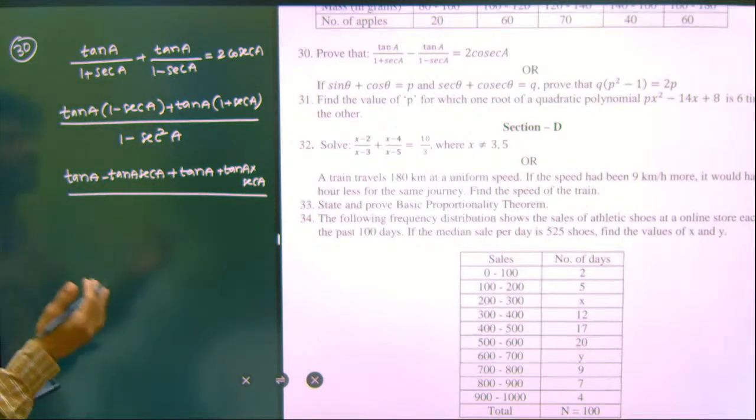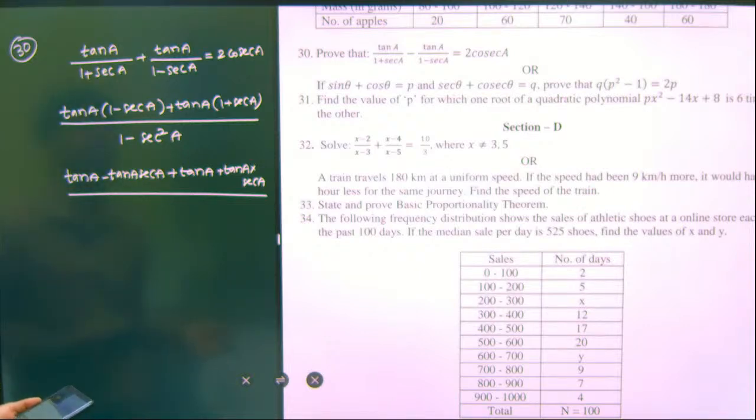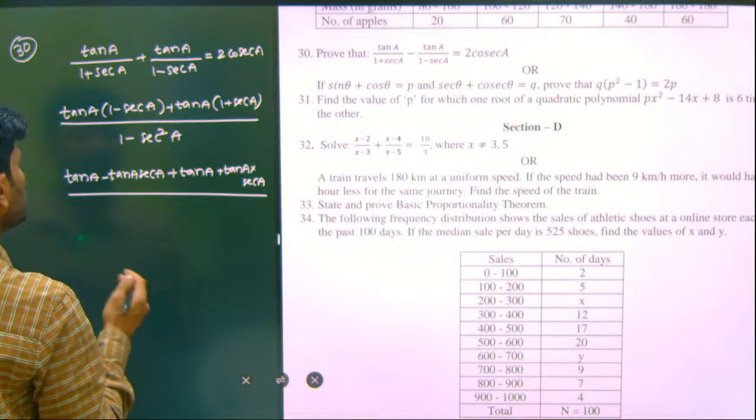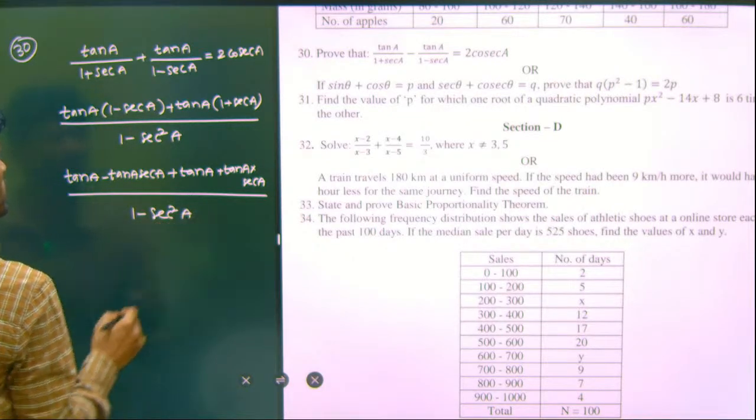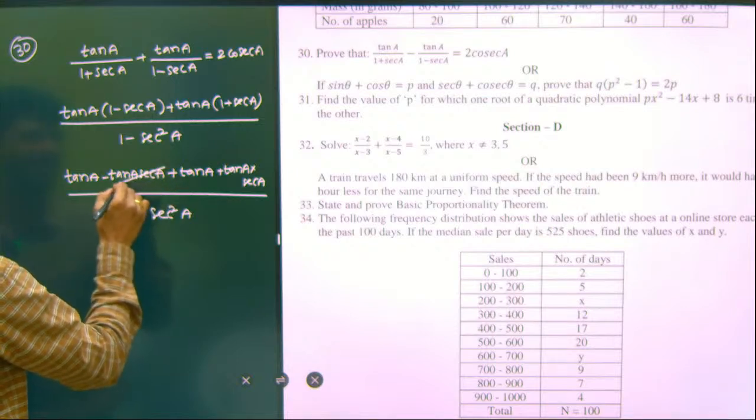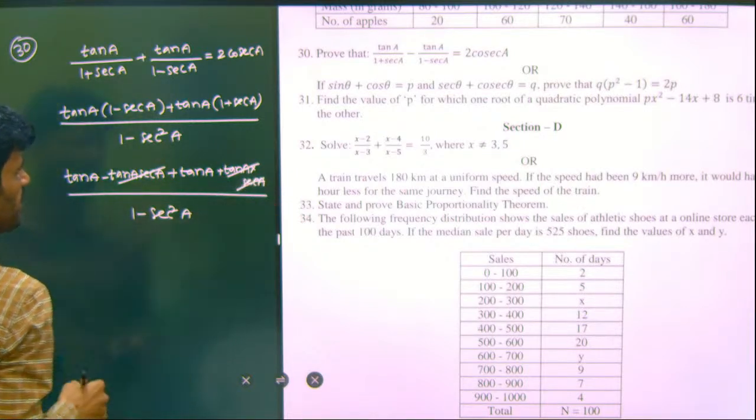Actually secant square A minus 1 is tan square A, but 1 minus secant square A, let us keep this as 1 minus secant square A. In the next step we will write it. Now minus tan A secant A plus tan A secant A will be cancelled.